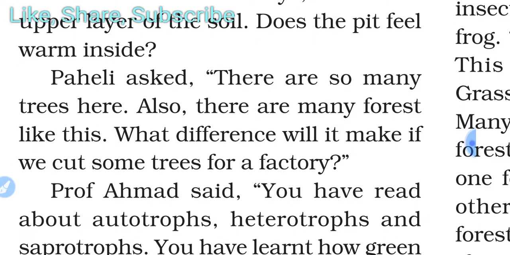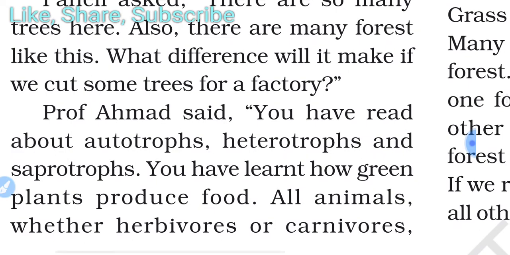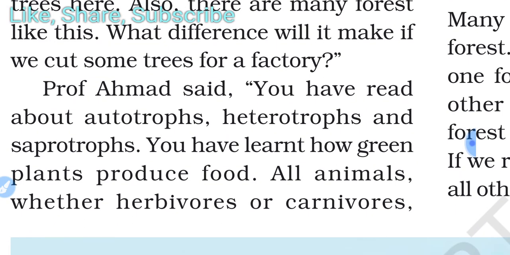Next question of Paheli: there are so many trees here, and also there are many forests like this. What difference will it make if we cut some trees for a factory? Now Professor Sam Ahmed said that you have read about autotrophs, heterotrophs, and saprotrophs.